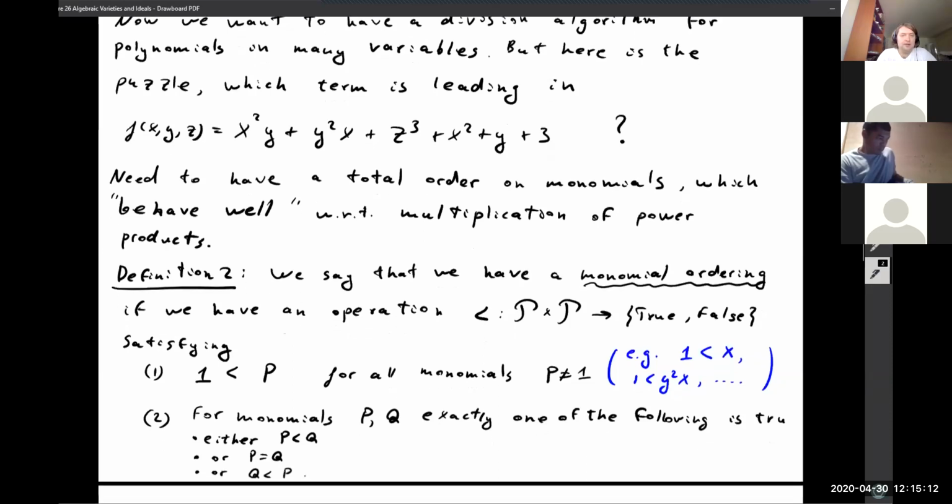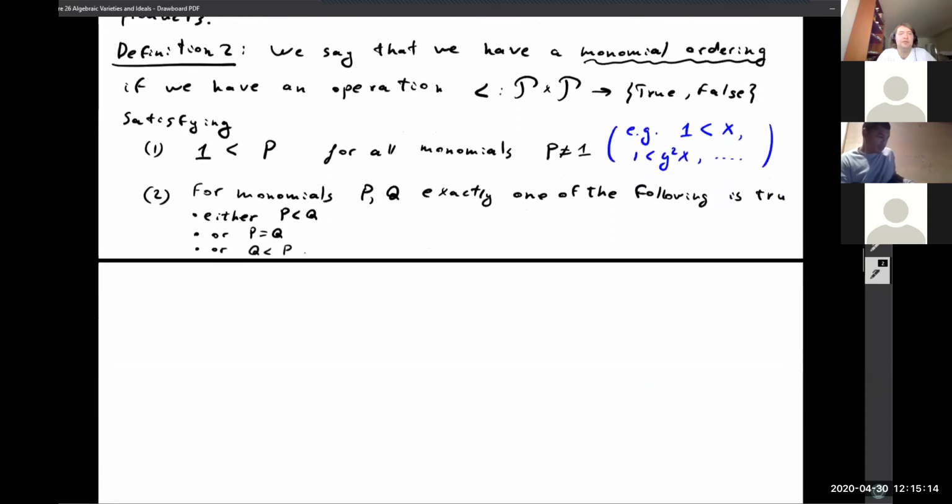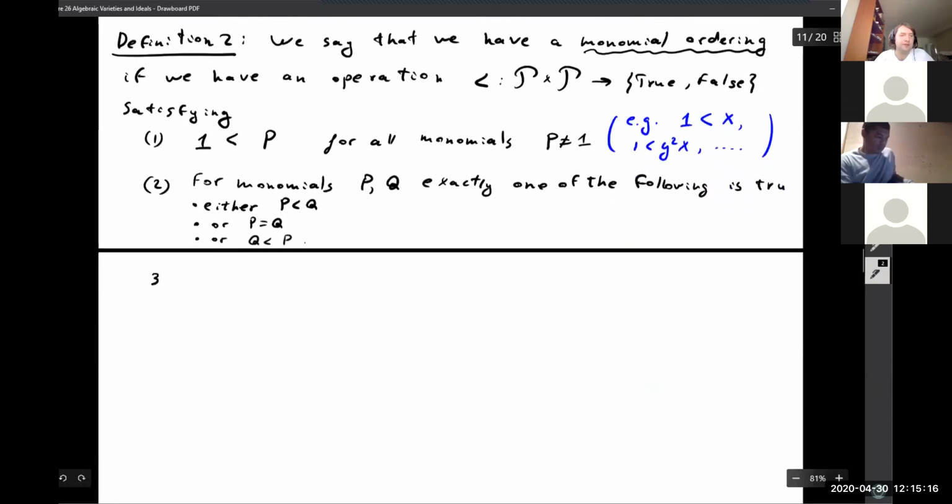Okay. Third condition on the monomial ordering is that it is transitive. In other words, whenever we have that monomial p is less than monomial q and monomial q is less than monomial r, from here it follows that monomial p is less than monomial r.